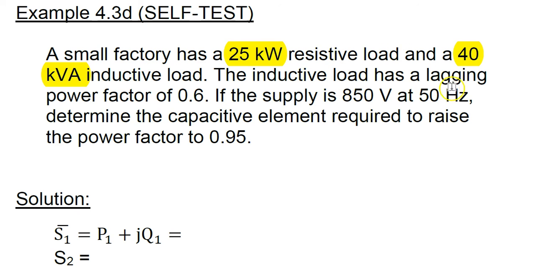The inductive load had a lagging power factor of 0.6. If the supply is 850 volts 50 Hz, determine the capacitive element required to raise the power factor to 0.95. Okay, let's see how we can answer this question.